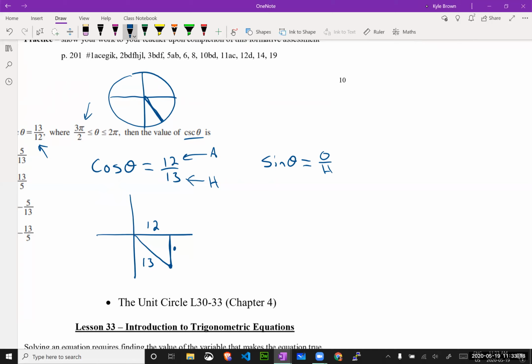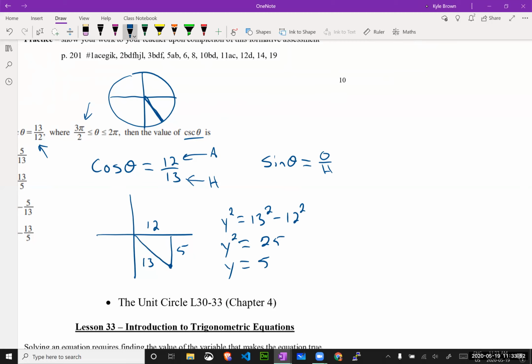Pythagorean theorem: y squared is equal to 13 squared minus 12 squared. So that's 25. So then y would be equal to 5, taking the square root of both sides.